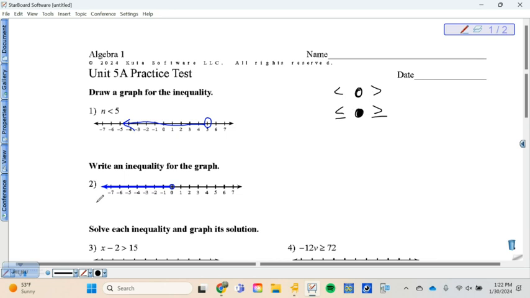Don't forget. Number 2, what do I do? I gotta write the inequality. So how do I start?